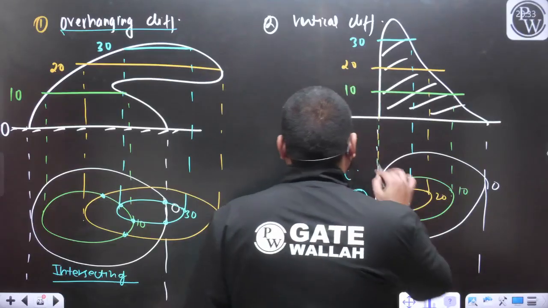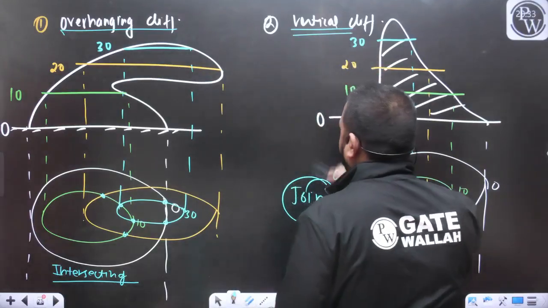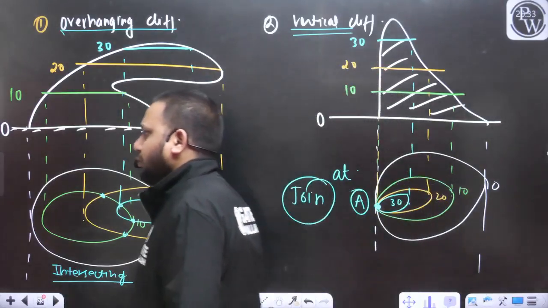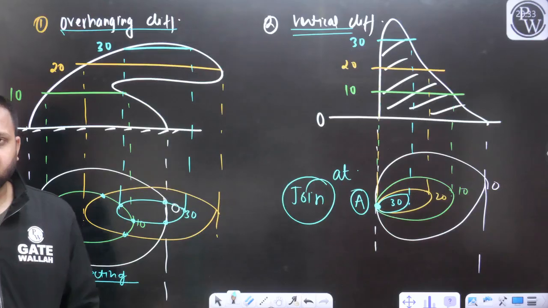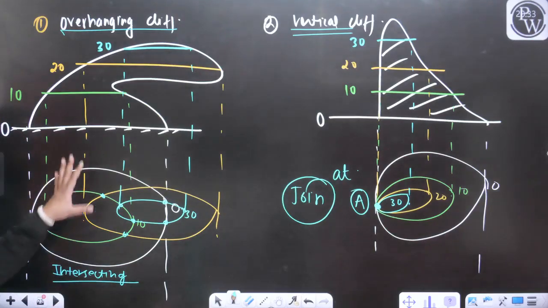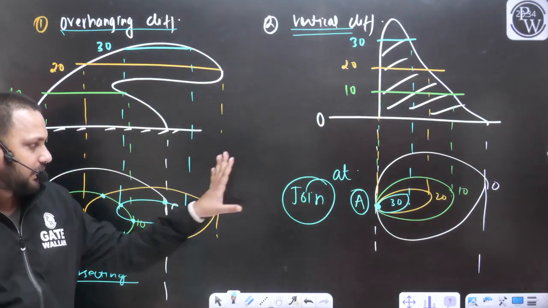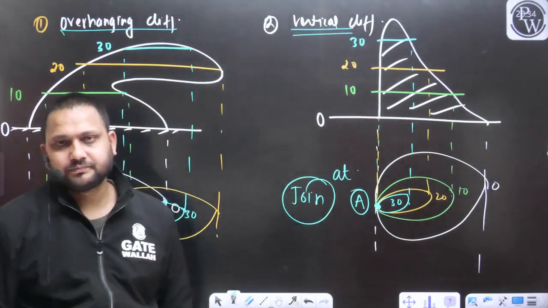This is the situation that you will get in the case of a vertical cliff. So these are the two exceptions where the contours can intersect each other or join at a single point.